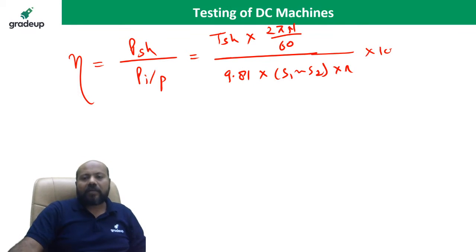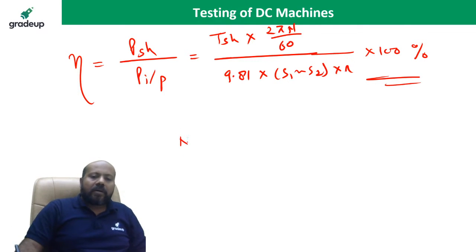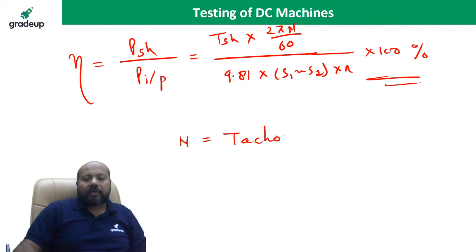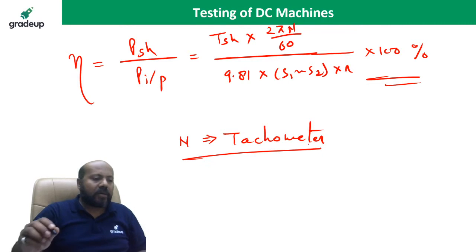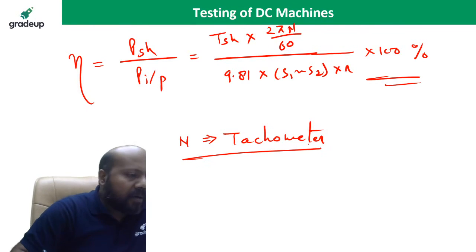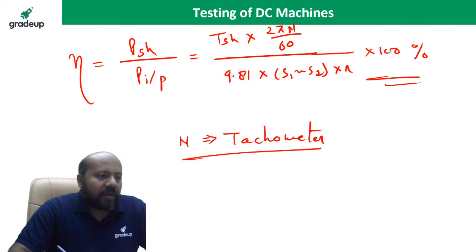If you multiply it by 100, you will get the efficiency in percentage. Now this speed you can find by using a tachometer. This is how you are going to calculate the efficiency by using the brake test.